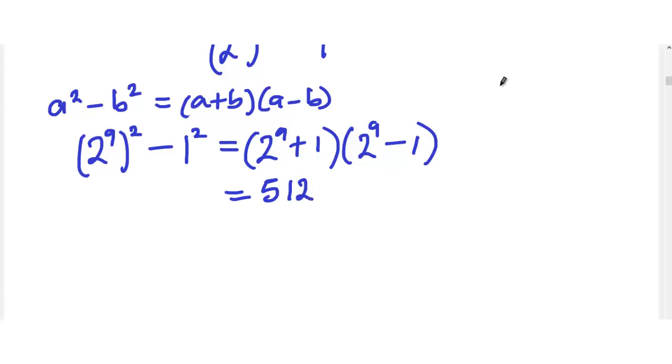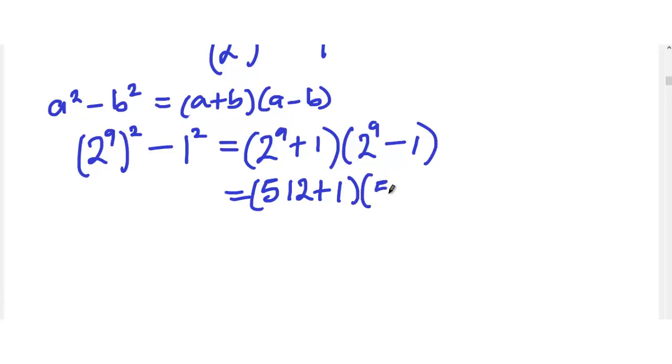Yes, if you multiply 2 times 2 times 2 in 9 places, it definitely gives you 512.